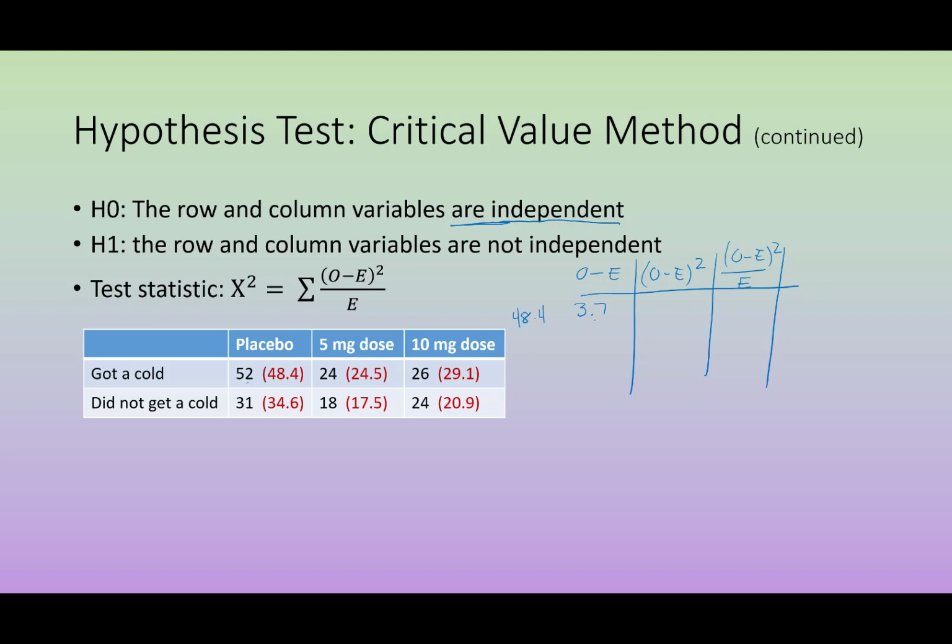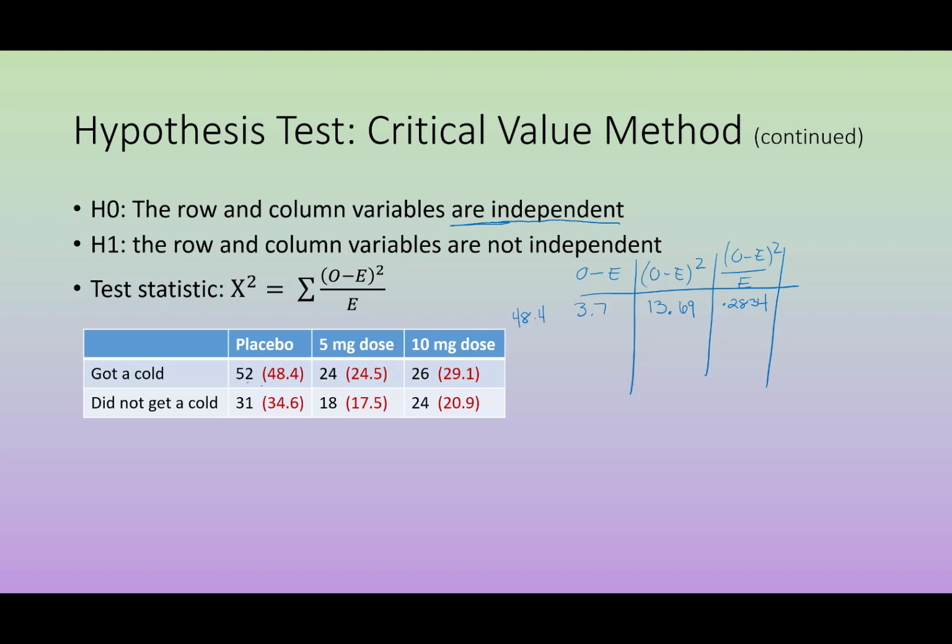So then I'm now going to take my 3.7 and I'm going to square it, and that'll give me a 13.69. And now when I take that value and I divide it by my expected value, so my expected is the 48.4, not the 52. The 52 was the observed. So I'm going to take 13.69 divided by the 48.4, and that gives me 0.2834 approximately.